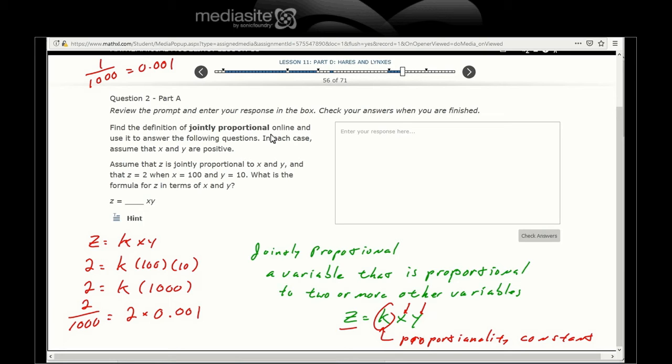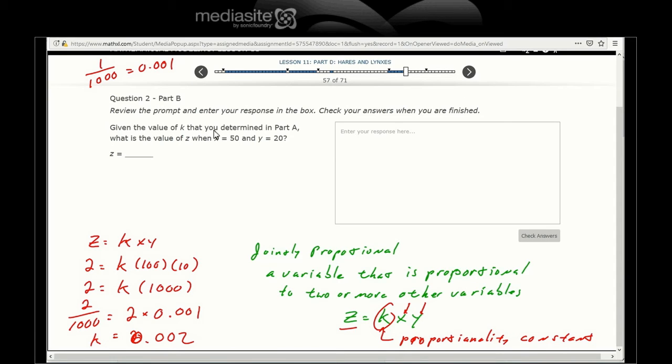I have 2 of them, so k should be 2,000ths. So z should equal 0.002 xy.